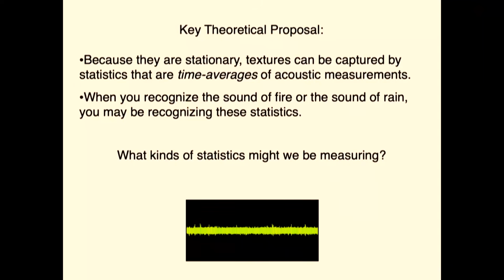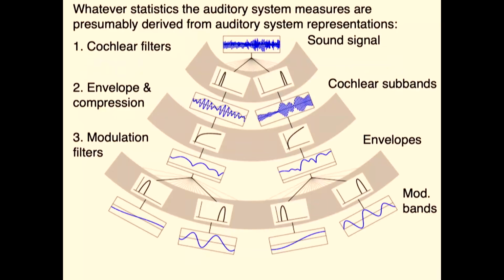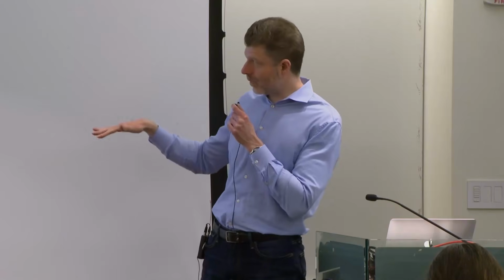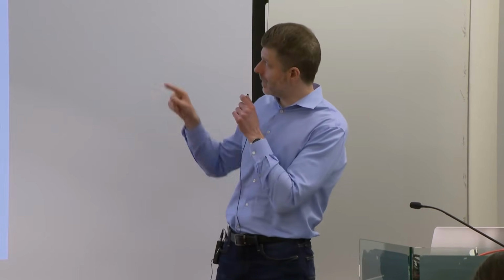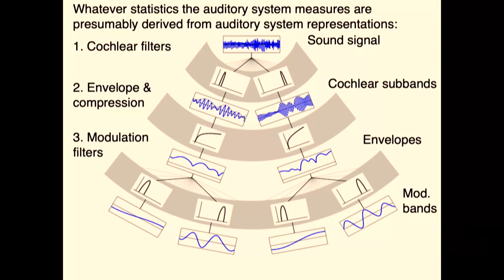All right, so what kinds of statistics might we be measuring? Well, it seems plausible that whatever statistics the auditory system measures are derived from auditory system representations, and this is one pretty standard model of the front end of the auditory system that you probably recall from a month and a half ago or so, right? We've got a sound signal, that's the input to the system.